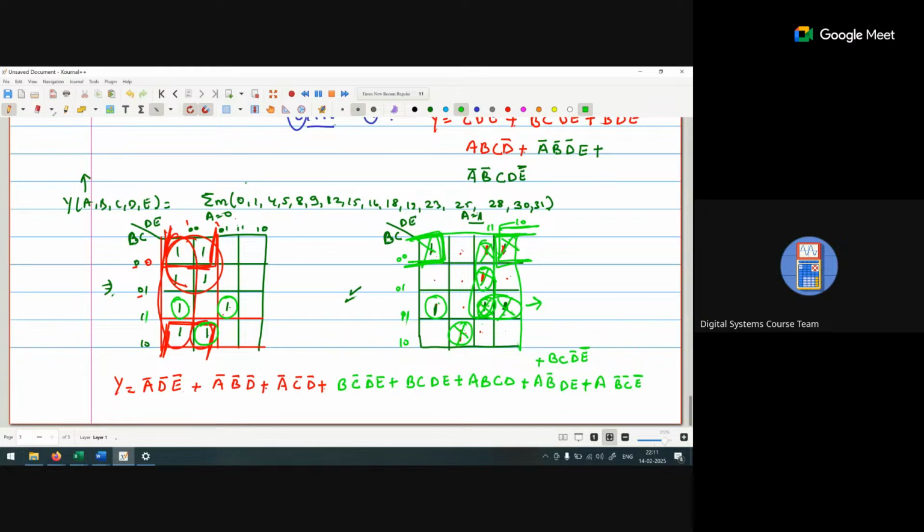So this particular term will be added, and one more term will be added, but it will increase the terms. So these are the terms available.